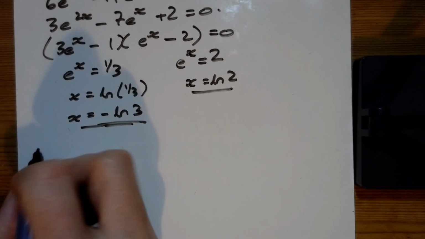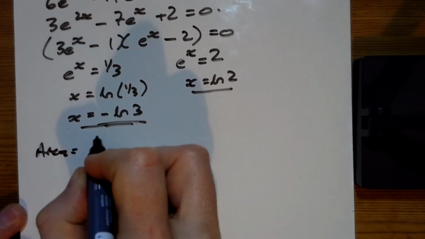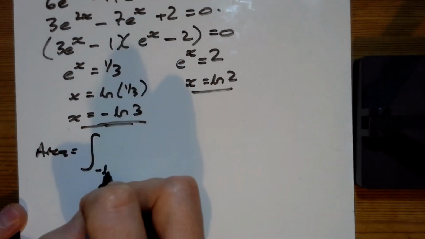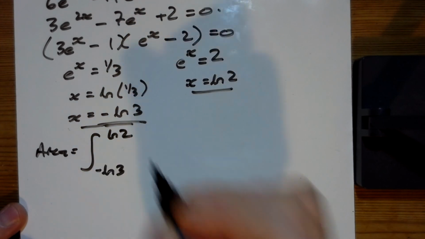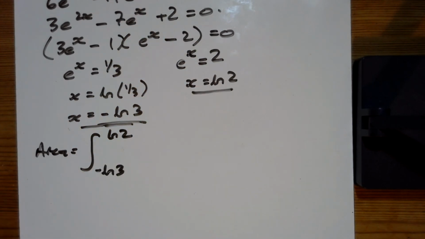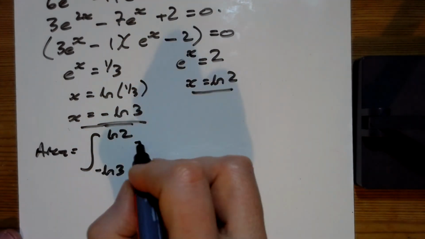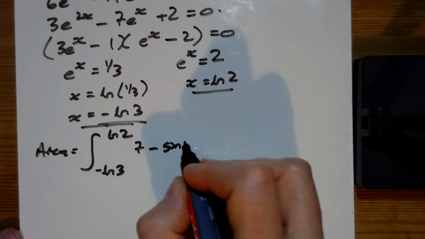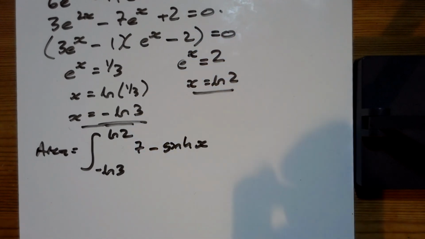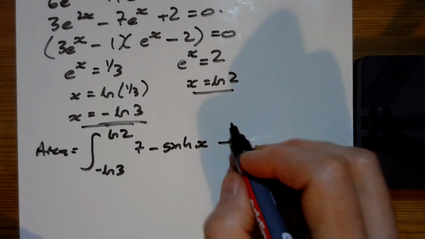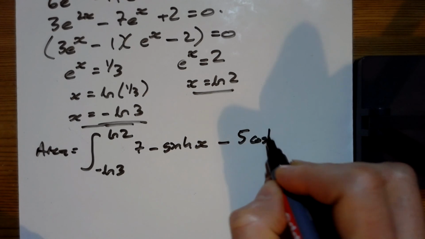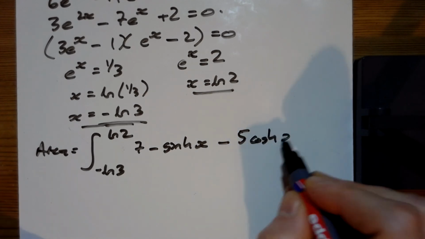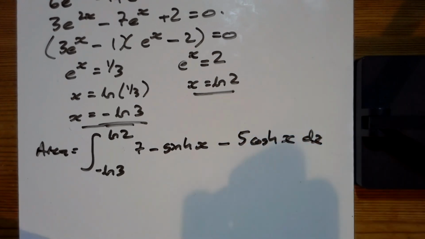To find the area, we want to integrate between minus ln 3 and ln 2. Now the top one there is the 7 take away sinh x, and then we want to take away the bottom one as well, the 5 cosh x, and I'm going to put it all in one integral because they've got the same bounds there, so I might as well.